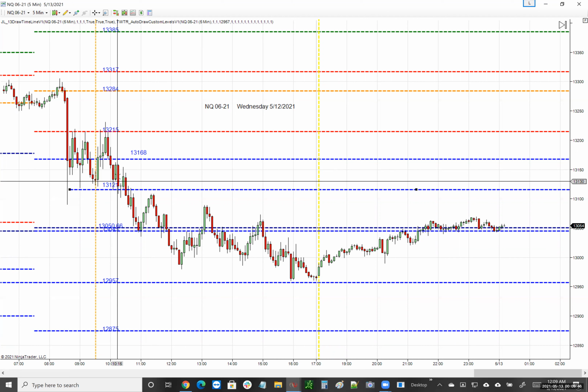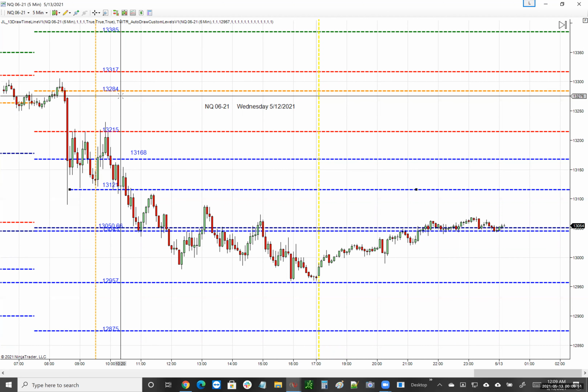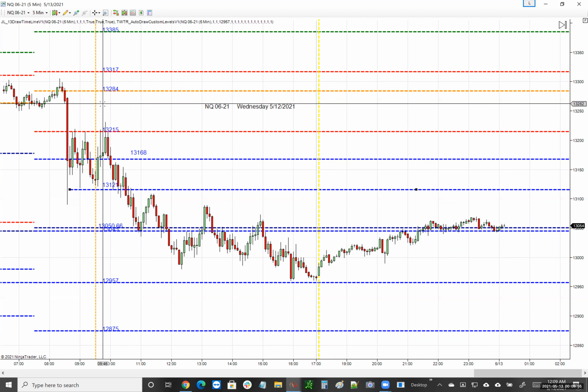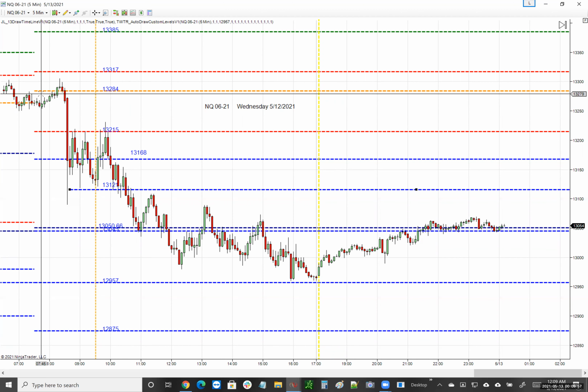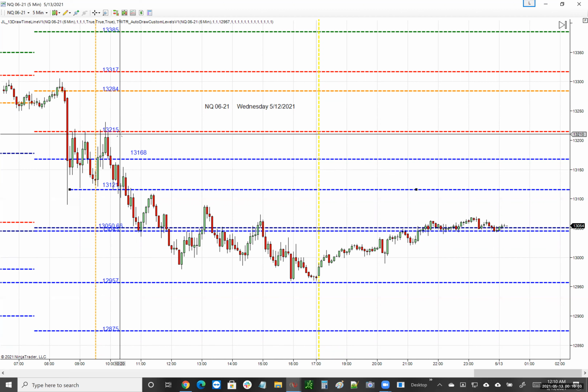So what this is showing is that I had a level 13,284 before the market opened. That's where the initial sell started, and then there was this level 13,215, which was already tested many times if you look back here, so it broke.